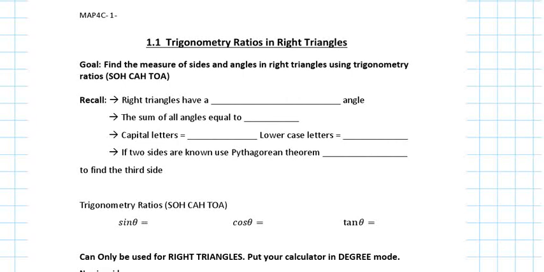So the goal for this lesson is to find the measure of sides and angles in right triangles using trigonometry ratios, which is SOHCAHTOA. So right triangles have a 90-degree angle.